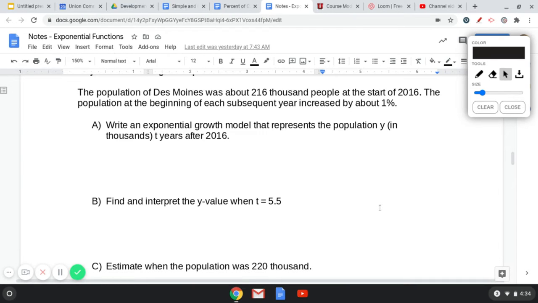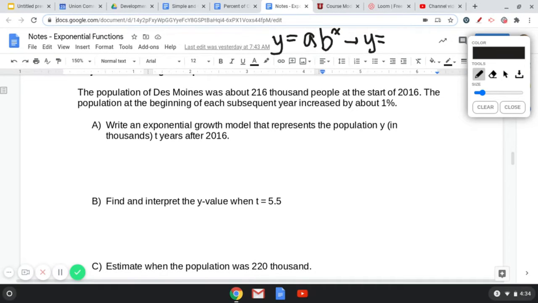Do you remember at the beginning of the notes, we talked about 2 different forms to represent exponential functions. One of them is y equals some number a times b to the x power. There's another one: y equals a, your initial amount, times 1 plus your rate to the power of x, or to the power of t.